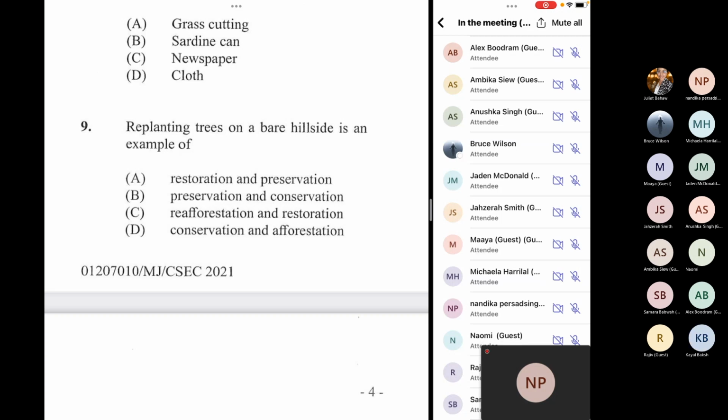When you hear preservation, to preserve something is to protect something that is damaged or being destroyed. You try to ensure that the damaged object can last for a longer period.